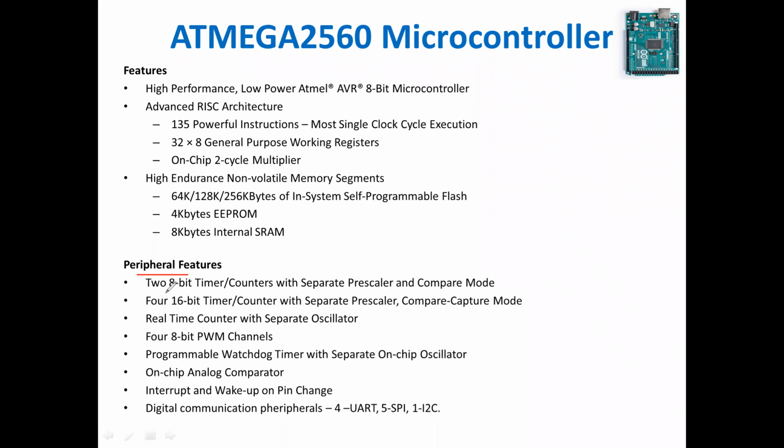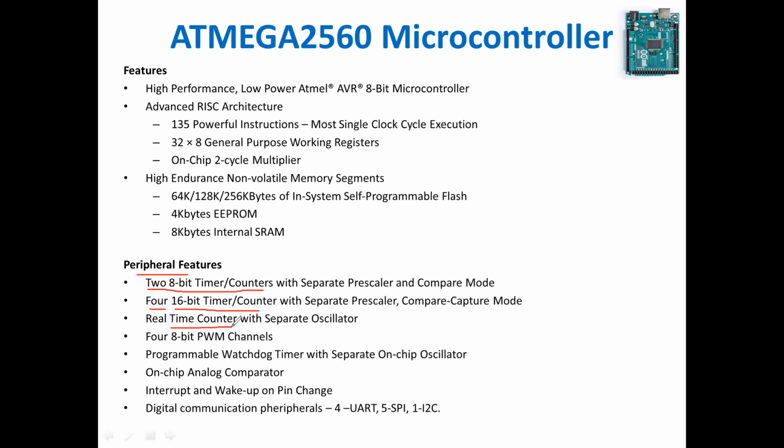In 8051, we have seen that we have two 8-bit timers. Similarly, we have two 8-bit timers in Atmega 2560. Additionally, we have four 16-bit timers. The operation is the same, and for generation of delay, you can use these timers.